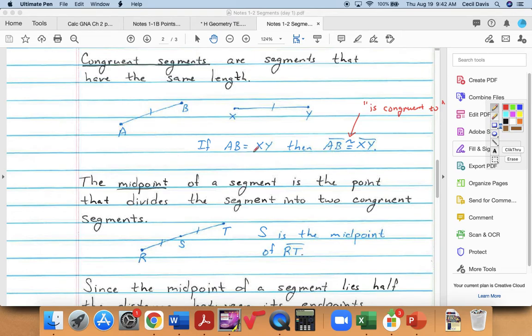Notice there's some subtle differences. Lengths are equal. So these two lengths or these two measures are equal. Here we're talking about the physical object. Objects are congruent.